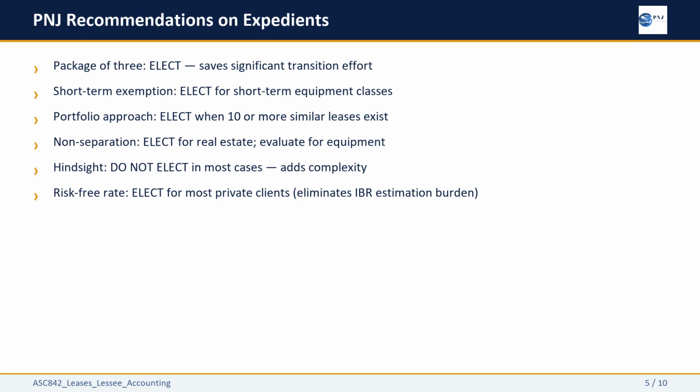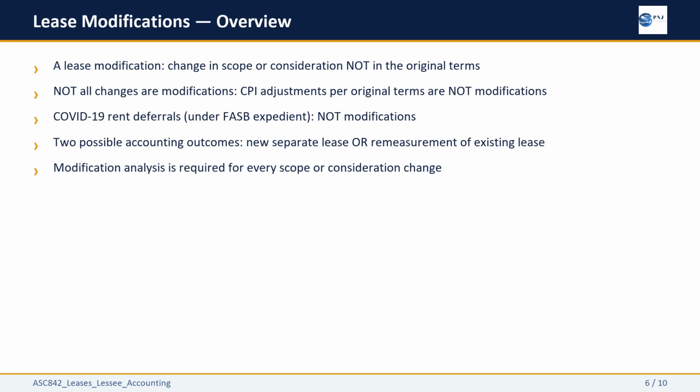A lease modification is a change in scope or consideration that was not contemplated in the original contract terms. This is different from changes that the original contract already anticipated. If the original lease says rent adjusts by CPI annually, that CPI adjustment is not a modification.